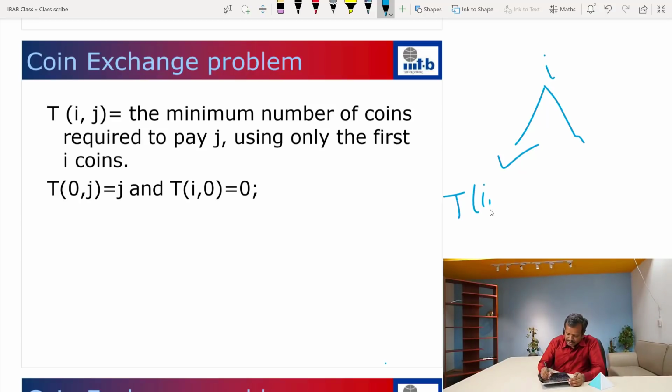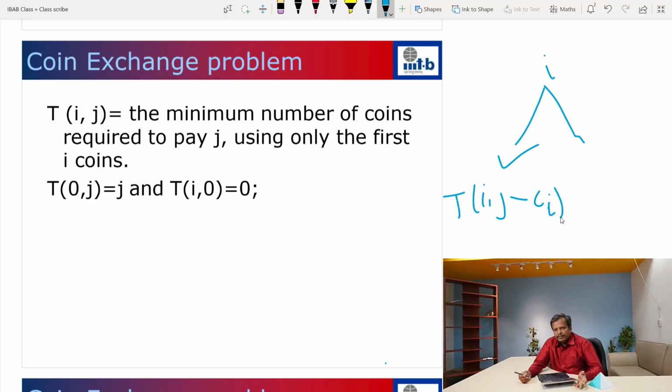Since I have picked the ith coin, I will be paying C of i. In the future iterations, instead of paying for j, I should be paying for j minus C of i, because the value of the ith coin is C of i.